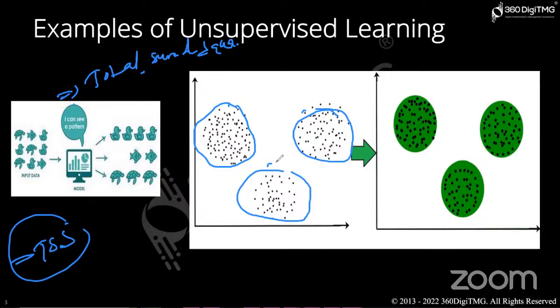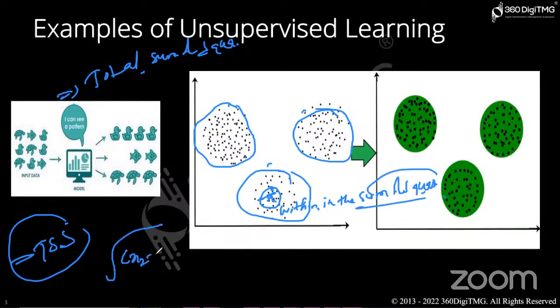Whenever you are forming clusters, you should make sure that the distance between the data points within a cluster is small. This is also called the within sum of squares. Sum of squares means x2 minus x1 whole square plus y2 minus y1 whole square. This is the sum of squares.